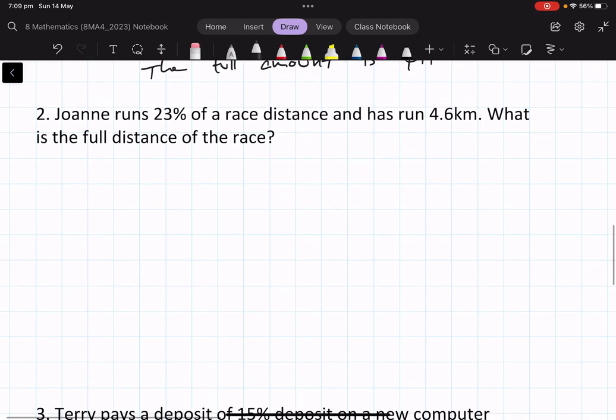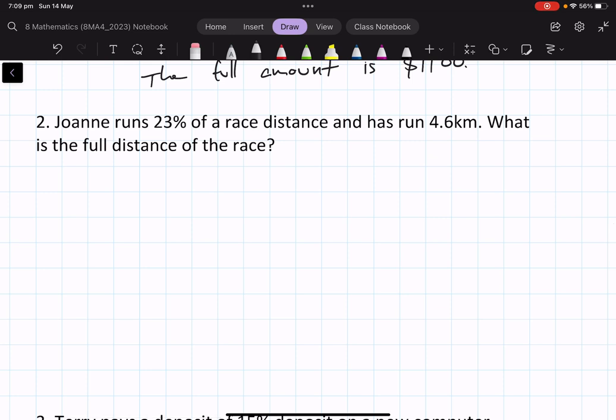Here we have another example. Joanne runs 23% of a race distance and has run 4.6 kilometers. What is the full distance of the race? So again, we're trying to find this full distance. We're talking about 100%. So we currently know that 23% is 4.6 kilometers.